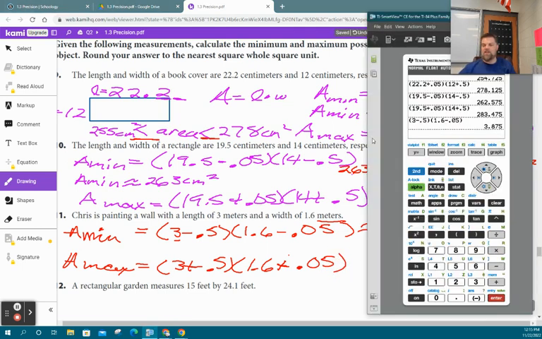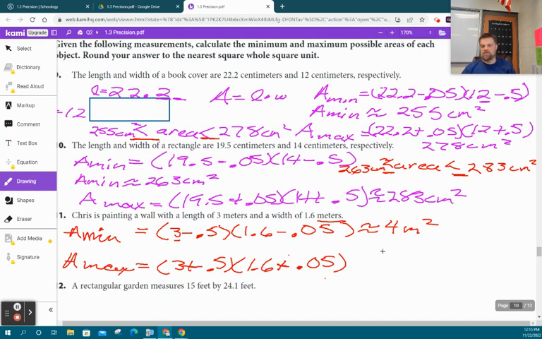Again, I'm going to plug that in my calculator. 3 plus 0.5, close parentheses, open new parentheses, 1.6 plus 0.05, close parentheses, hit enter. I'm going to round that to what number? 6. Very good. So we're going to round that to 6 meters squared. Okay.